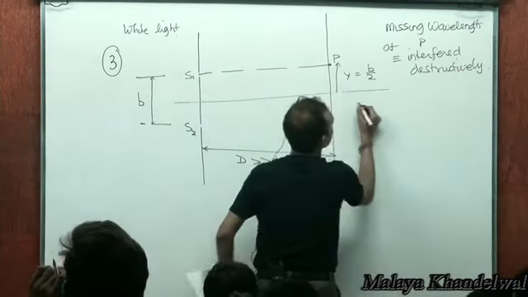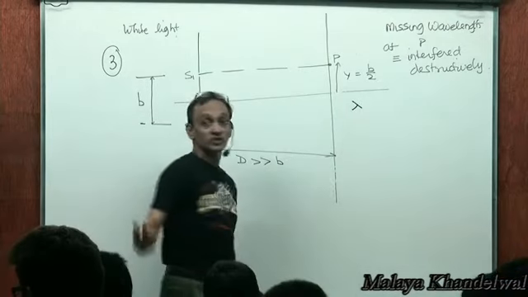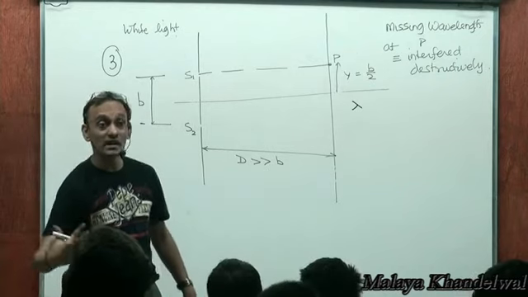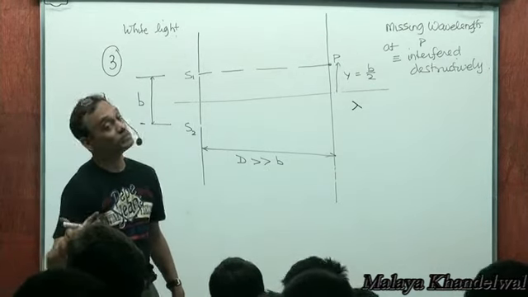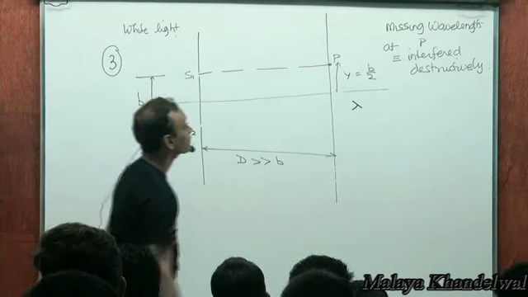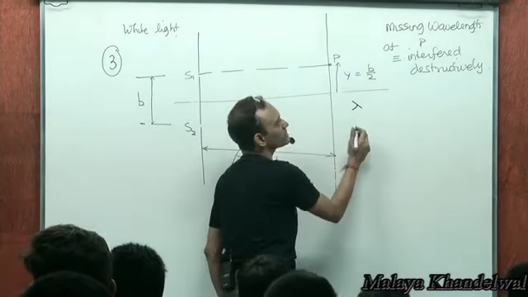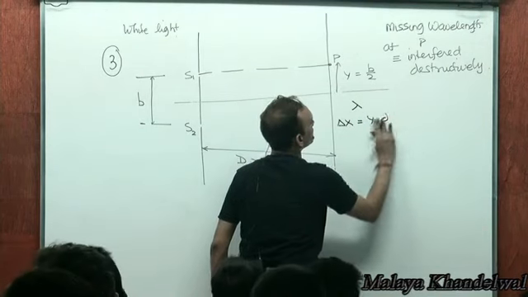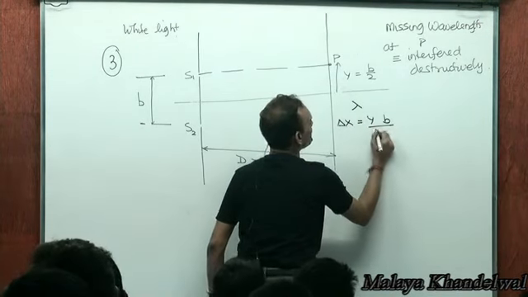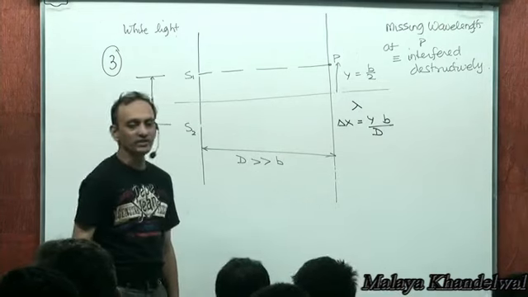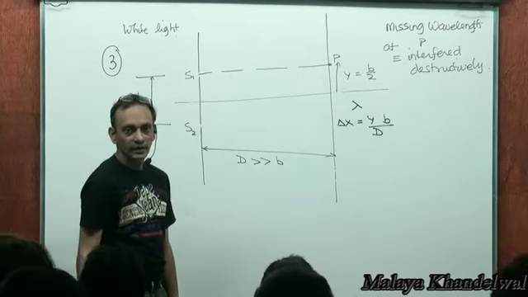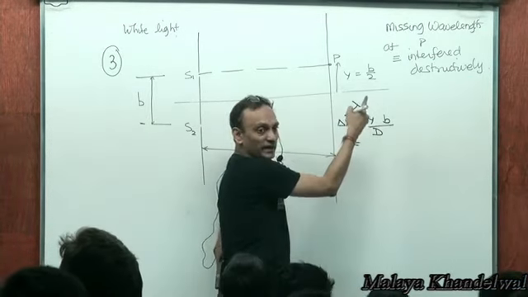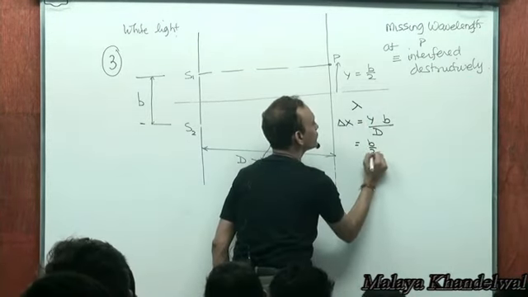Say, lambda is the missing wavelength at P. See, white light has all wavelengths in it, right? So, amongst them, lambda is the missing wavelength. So, then at P, what's the path difference? The path difference at P is y into small d, in this case, b by capital D. That's the path difference. Where y is what? y is b by 2.